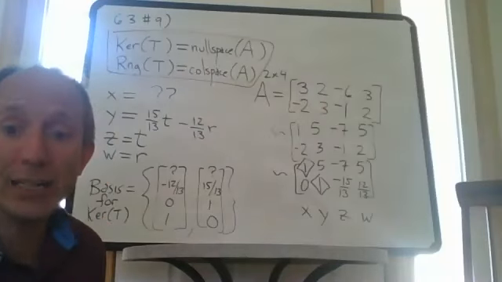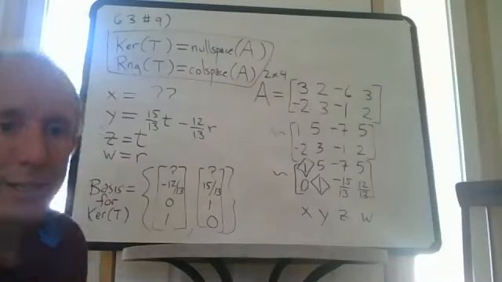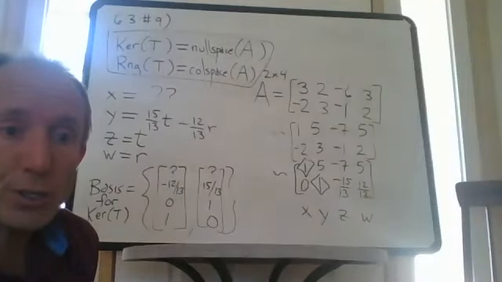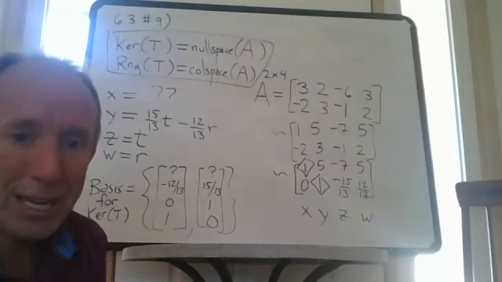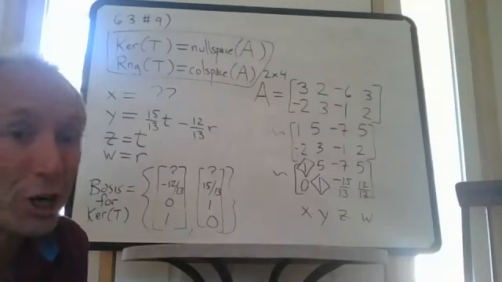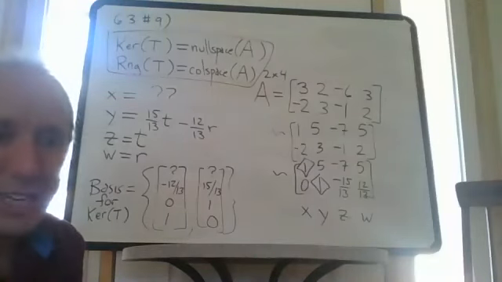So keep that in mind, that you can have more than one answer. But that's basically what it is. You just need to figure out what x is using the first row of the matrix on the right-hand side. So far, so good. This is the kernel of T. We just find the null space of the matrix and go from there.